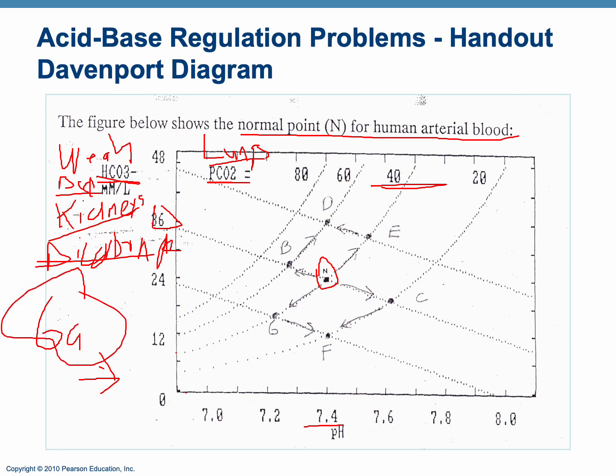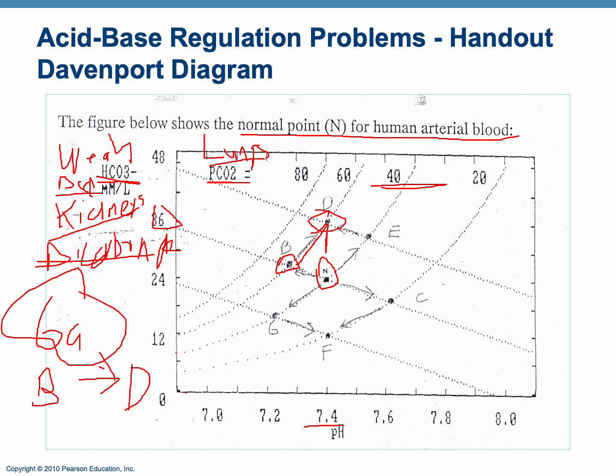And we need to go from position B on the graph to position D on the graph. So we start here with B, and we need to go up to D. So B, we're looking at respiratory acidosis here, and we need to go up to D.